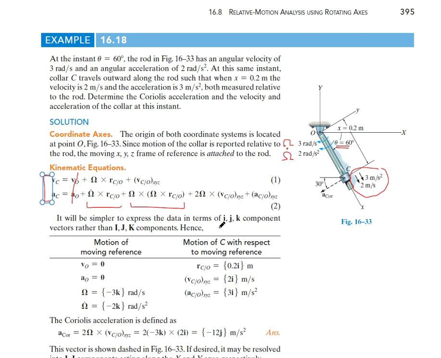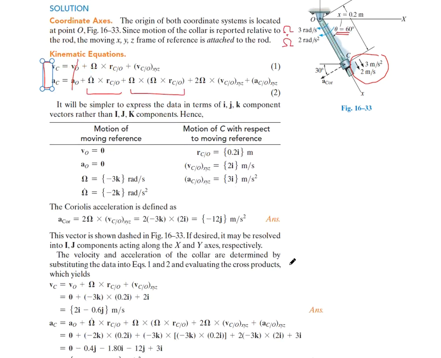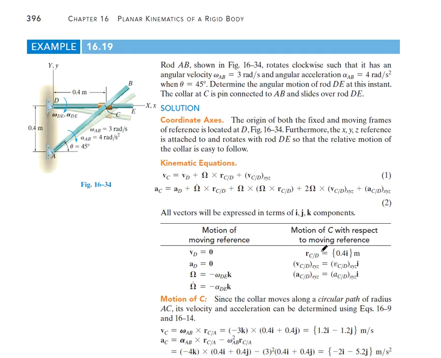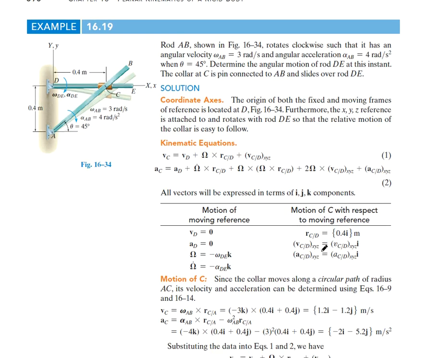The omega crossed with omega crossed with the position vector, we know this is omega squared, so it's going to be negative omega squared times the position vector, like we saw earlier in relative motion analysis, translating frames. Okay.